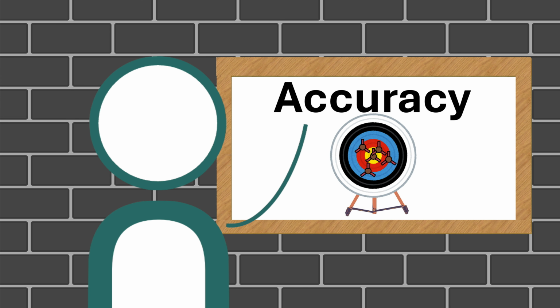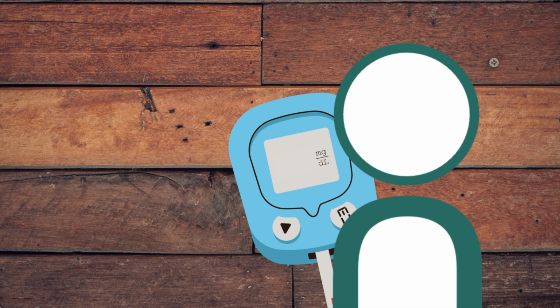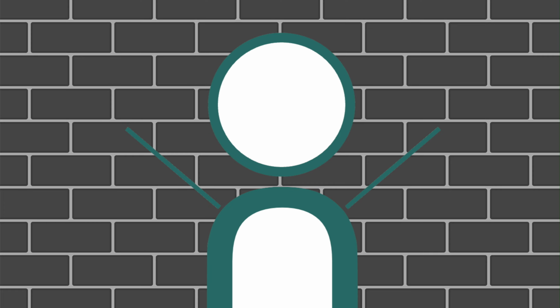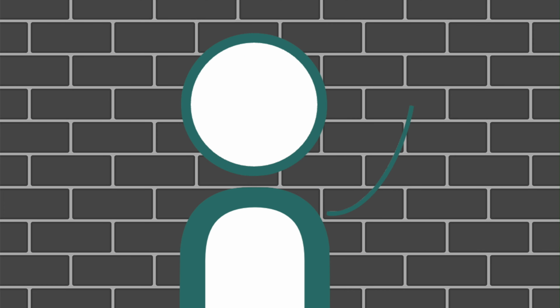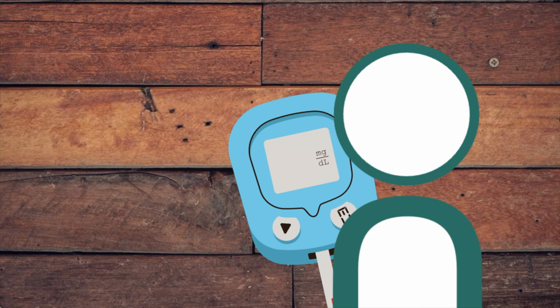Accuracy is how close your measurements are to the true value. For example, if your true blood glucose is 90 milligrams per deciliter and the machine reads 91 milligrams per deciliter, that's accurate. A test with very low accuracy might give a blood glucose reading that is much higher or lower than the true value.